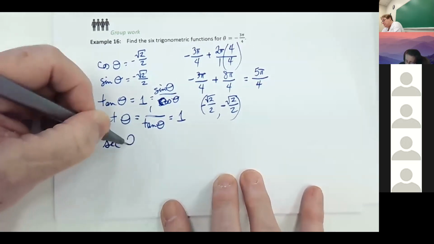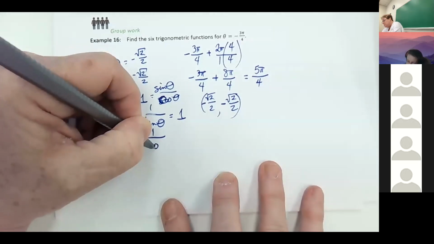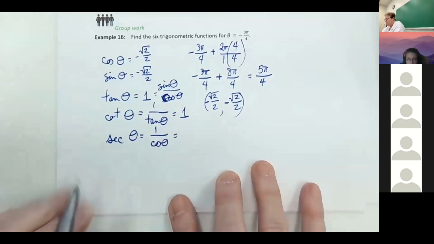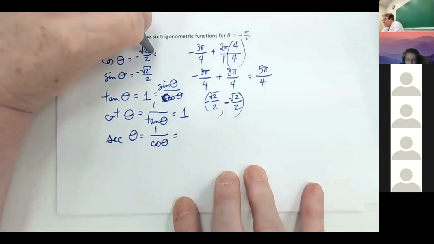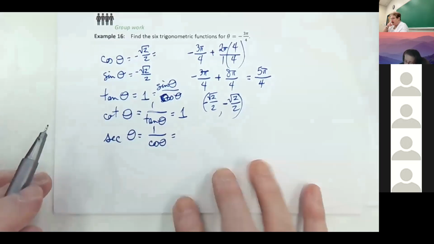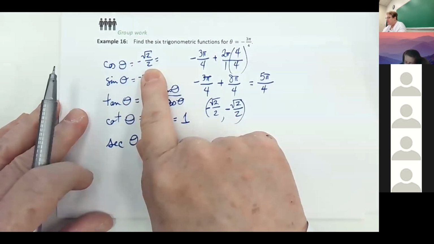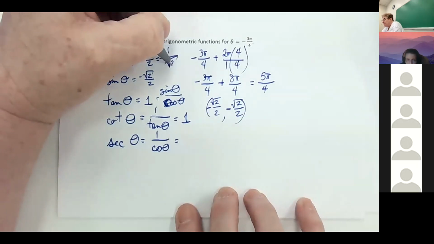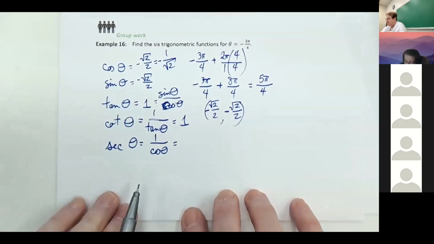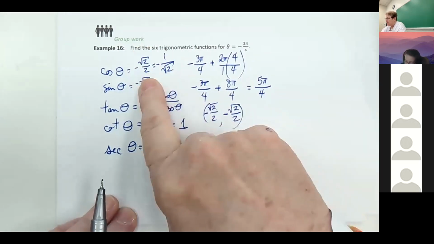The secant will be the reciprocal of the cosine. The cosine is negative square root of 2 over 2. And this is why I don't like rationalizing. Square root of 2 over 2 is the same as 1 over square root of 2, and it's easier to find the reciprocal of that number than it is square root of 2 over 2.